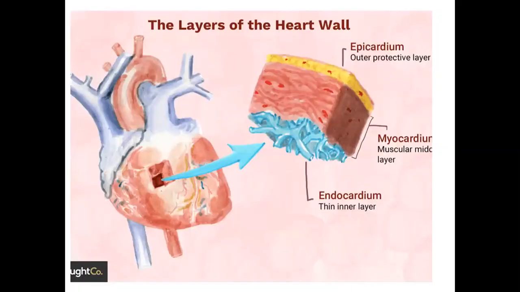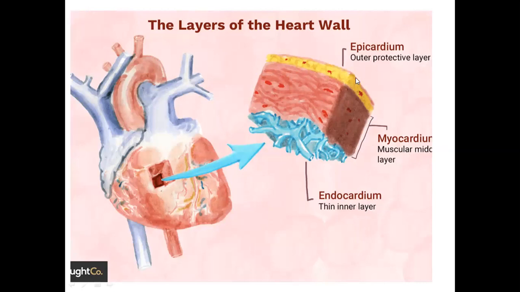Now, just to give you an overview, a schematic diagram which is going to help us in the next micrograph. There is a piece of heart taken, and if you look at this piece from inside, the innermost layer has to be the endocardium, the inner layer, and then the thickest of the three layers. Wherever you take the piece of heart, either from atria or ventricle, the thickest layer is the myocardium, the muscular layer.